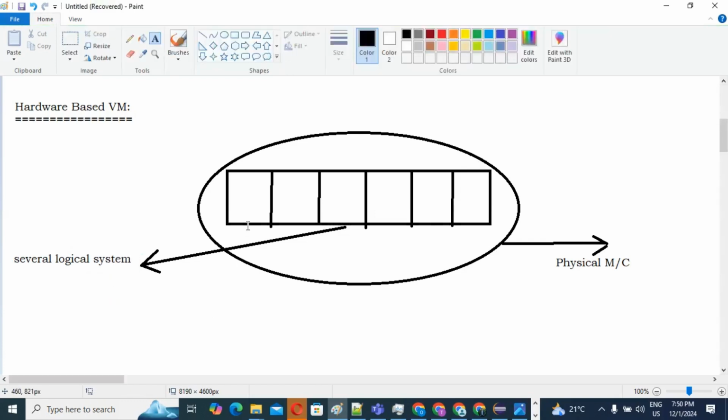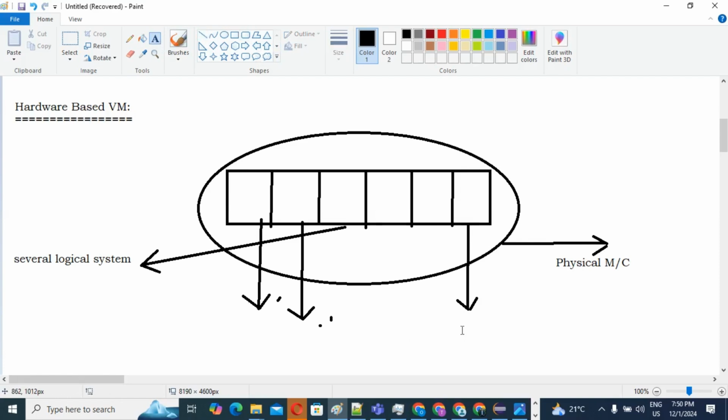In this, this is our logical partition 1, this is our partition 1, this is our partition 2. Just like that, this is partition N. Yes or no? This is our partition N.